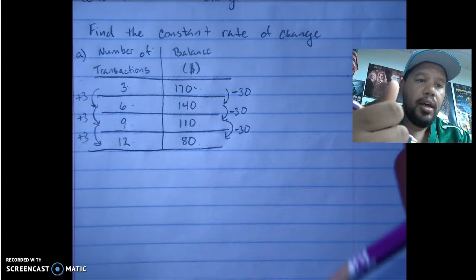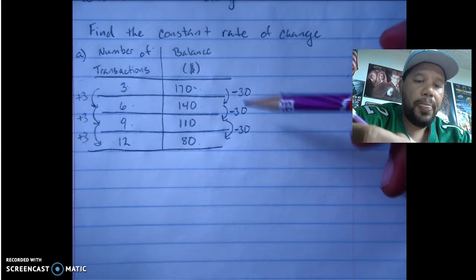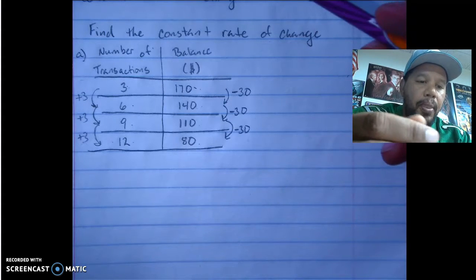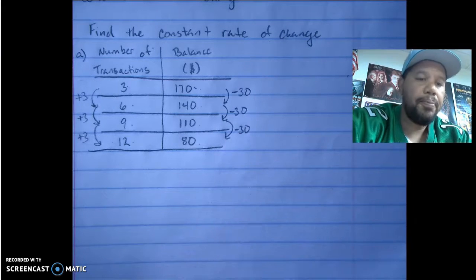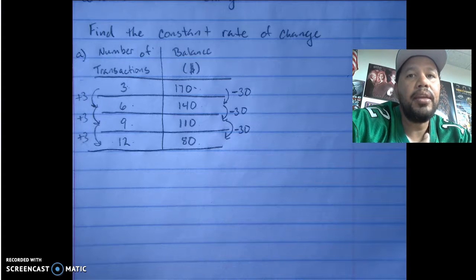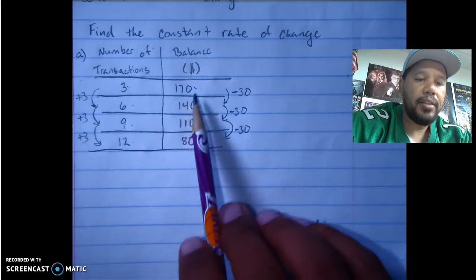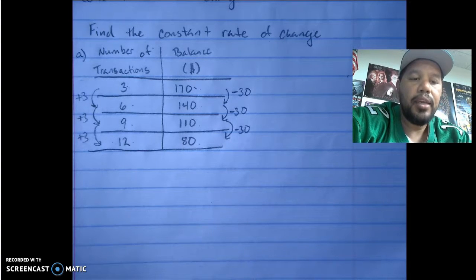And again, the constant rate of change would be the ratio of the differences, or of the changes. How do we know which change goes on top and which goes on bottom? The one that goes on top is the one that's being affected by the other, almost like independent and dependent. The balance depends on how many transactions were taken.